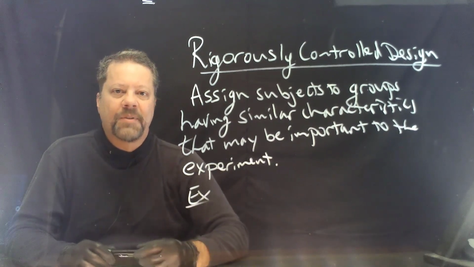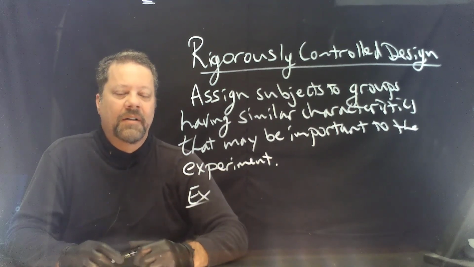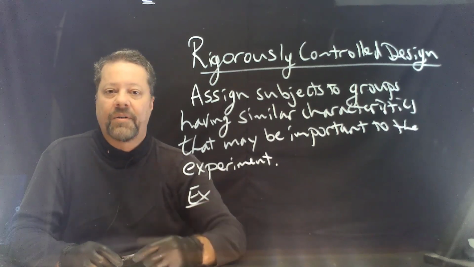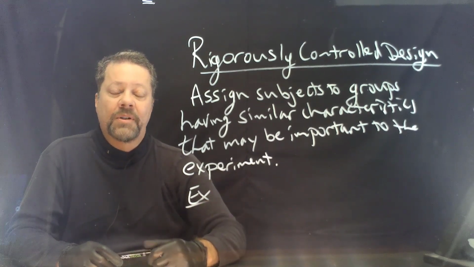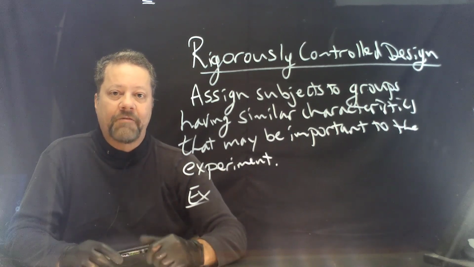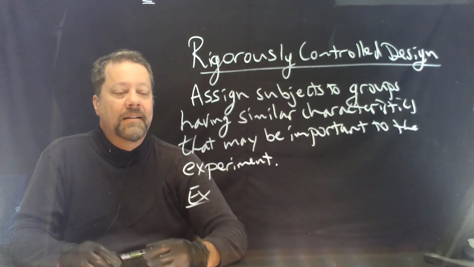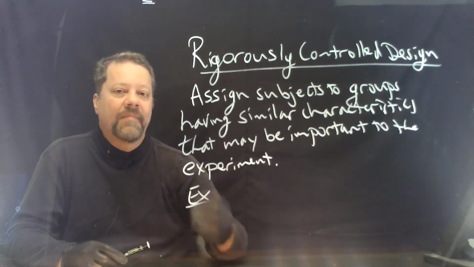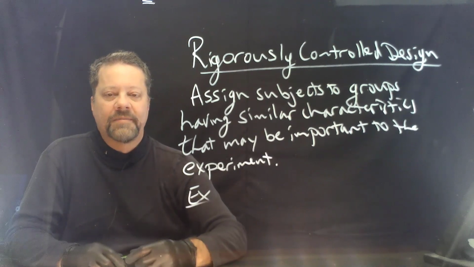For example, suppose we're testing a new heart drug, and we have a 27-year-old heavy smoker who is also a heavy drinker and has other unfavorable characteristics that would maybe confound what it is that we're trying to study, the effects of the drug on heart health.